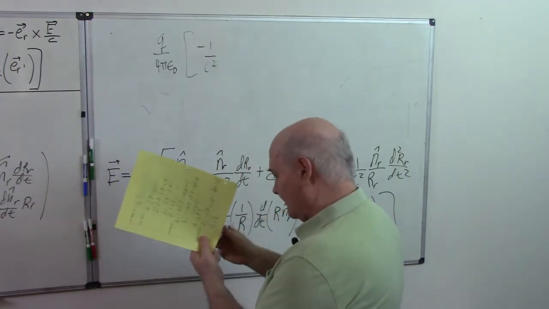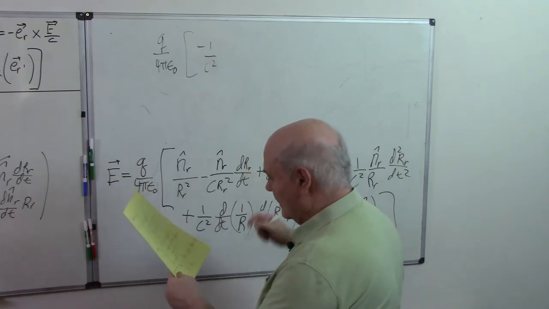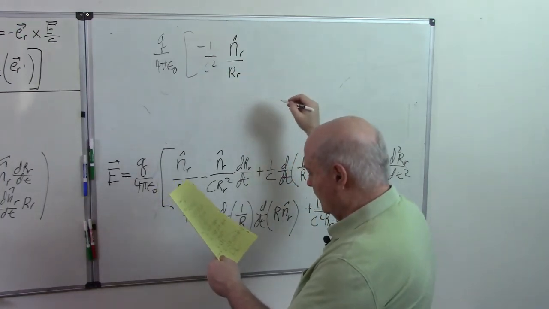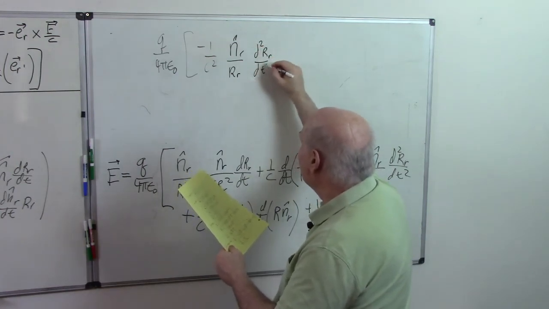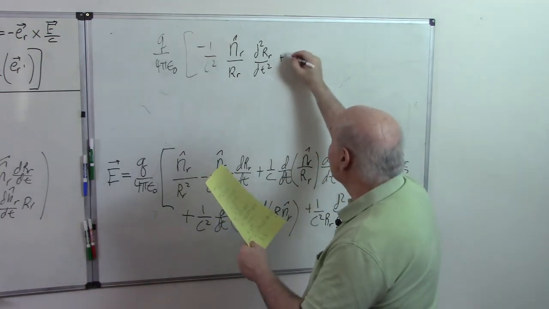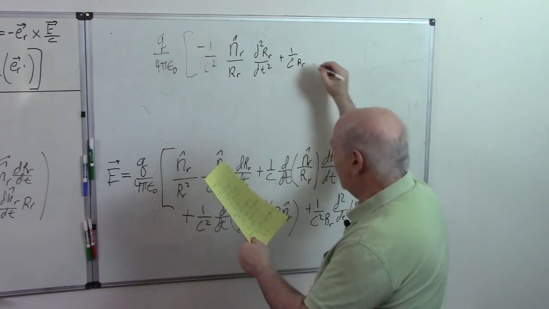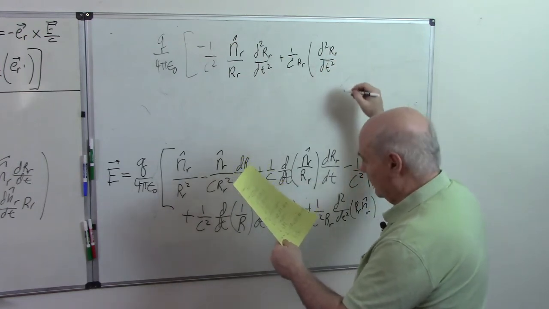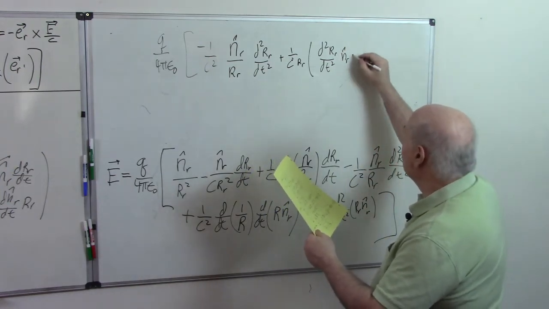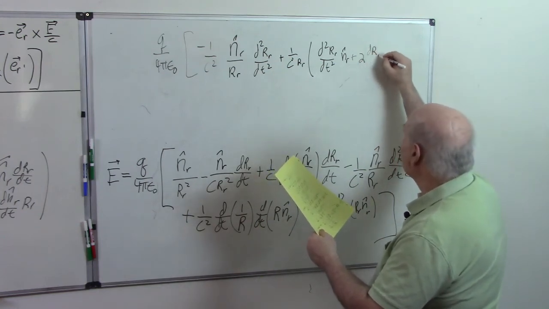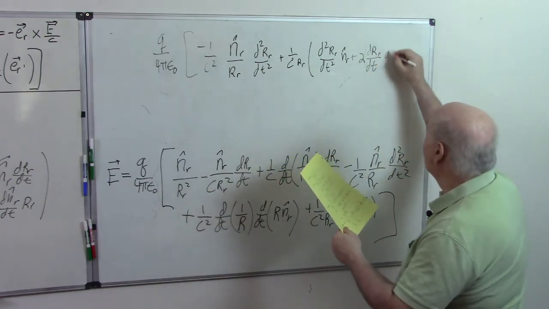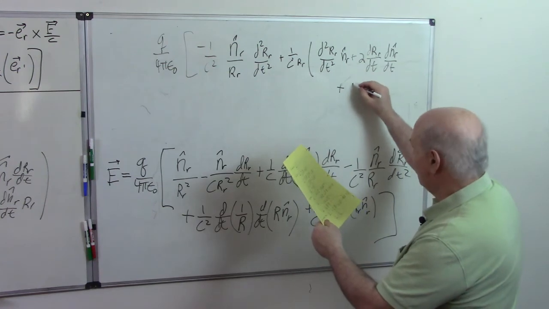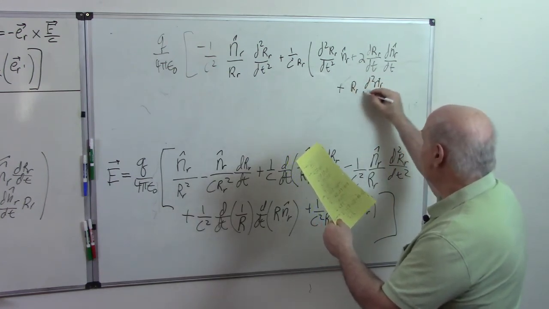Minus 1 over c squared, n_r hat over r_r, times d2 r_r/dt2, plus 1 over c squared, r_r, d2 r_r/dt2, n_r hat, plus 2 dr_r/dt, dn_r hat/dt, plus r_r, d2 n_r hat/dt2.